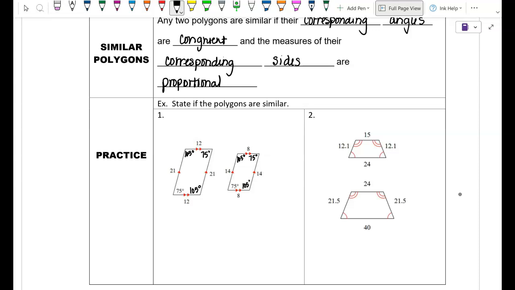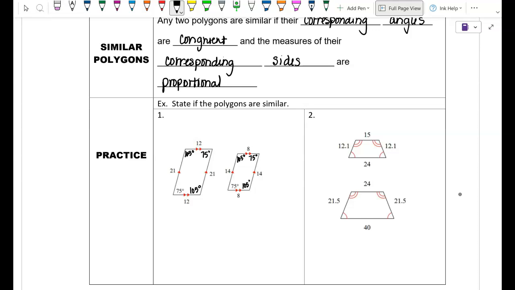So when I look at that, the first criteria: are all the corresponding angles congruent? And yes, I can look at the angle in the figure on the left and match it up with the same place in the figure on the right, and they have the same measure.